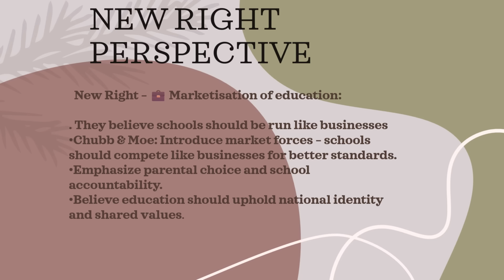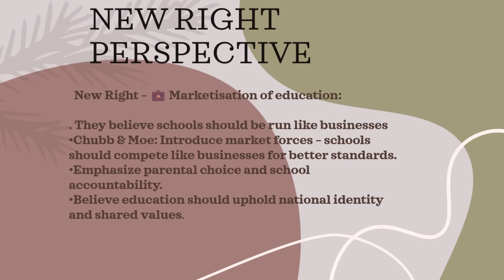Then you got the New Right perspective, which I'll be real, I don't think is as content heavy as the functionalist and Marxist views, but nonetheless they still have some things to talk about. Basically, they believe that schools should be run like businesses, like they like marketization policies and all of that. So Chubb and Moe, those are their names, introduce market forces.